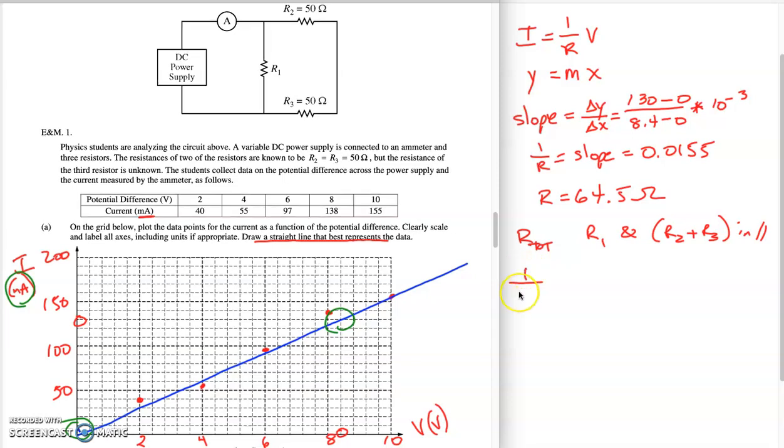So 1 over R total, which we know now, is going to be 1 over R1 plus 1 over R2 plus R3.